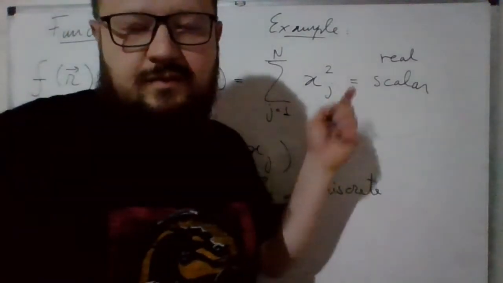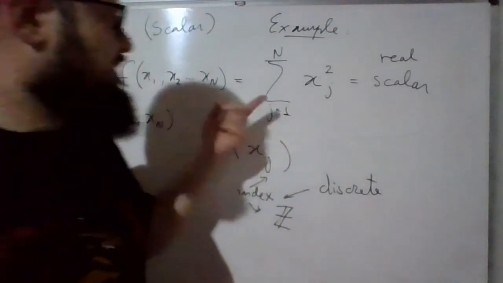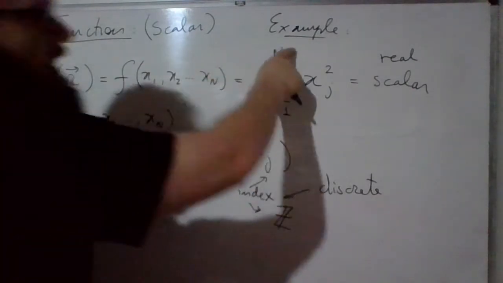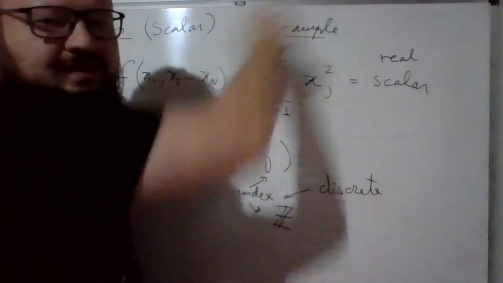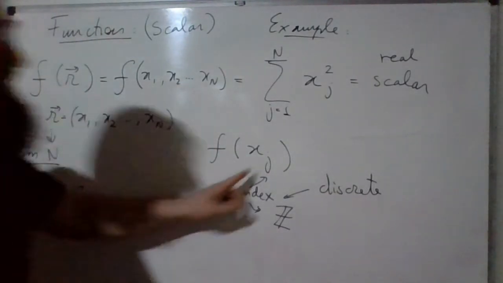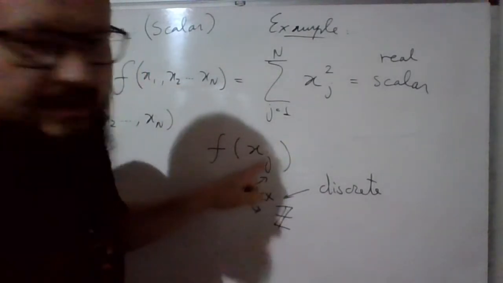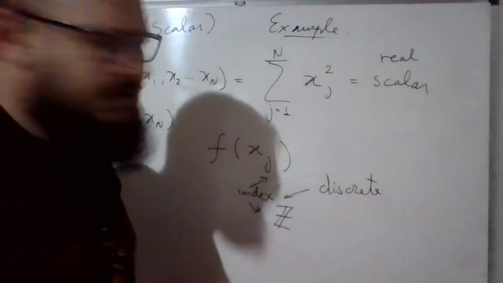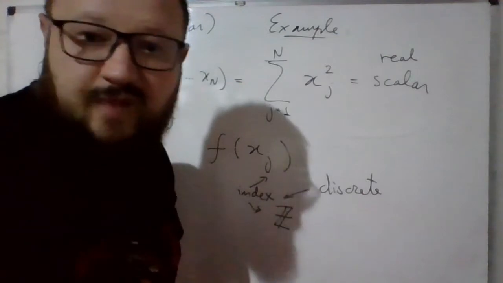But what happens if we try, for instance, to take n going to infinity and the index not a discrete number anymore, but a continuous parameter?